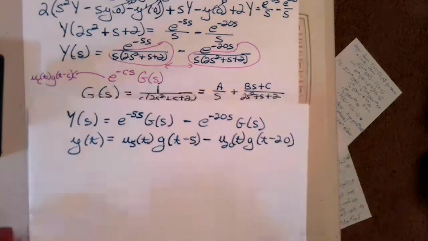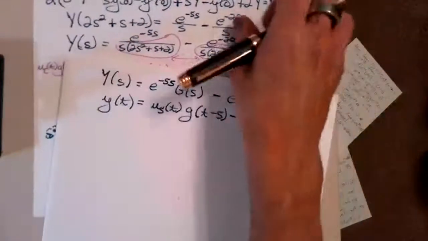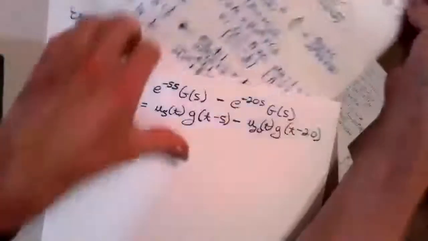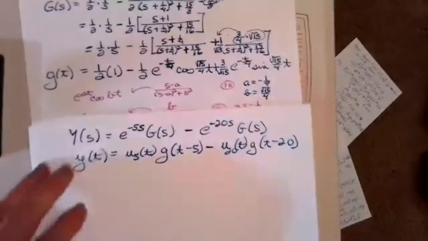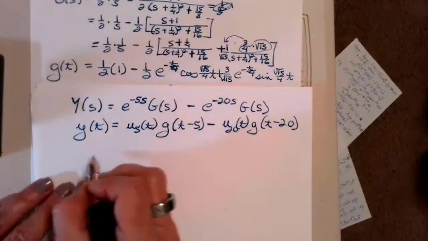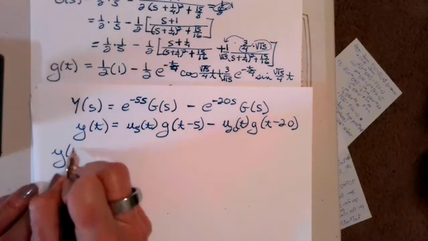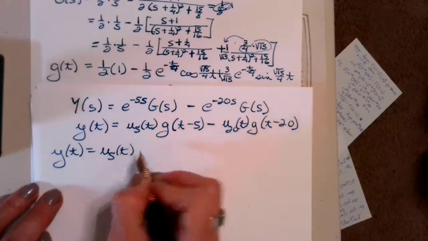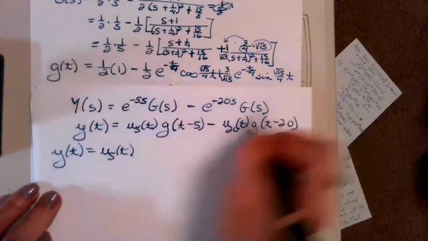And we found the little g before. It was all this mess. So now you get to write all that out. So y of t is u5 of t. And now we write g at t minus 5.